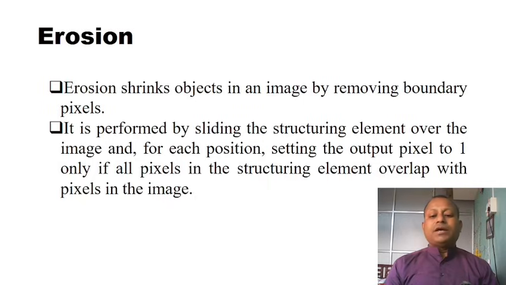It is performed by sliding the structuring element over the image, and at each position setting the output pixel to 1 only if all pixels in the structuring element overlap with pixels in the image.